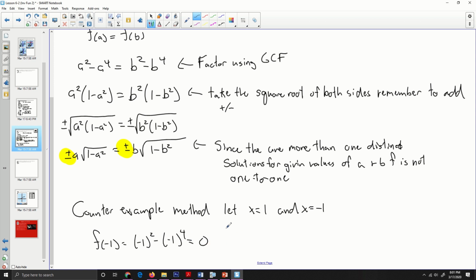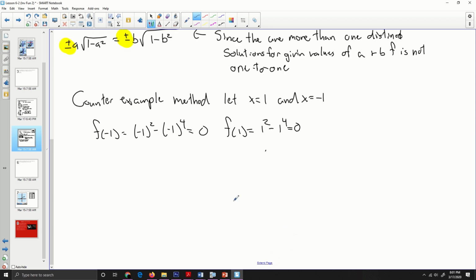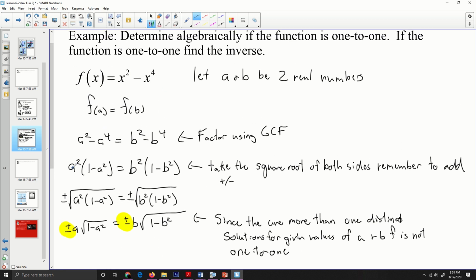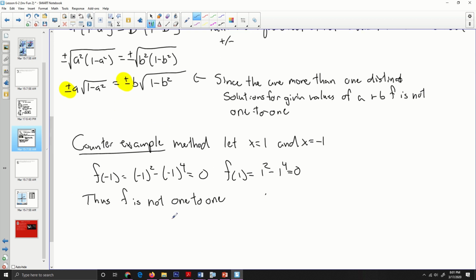That gives me 0. F of 1 would be 1 squared minus 1 to the fourth, which is also 0. And thus, F is not 1 to 1. All right, so now here's the difference. This method is a generalized method that works for anyone. This method, you might have to hunt and peck a little bit, so it's up to you.